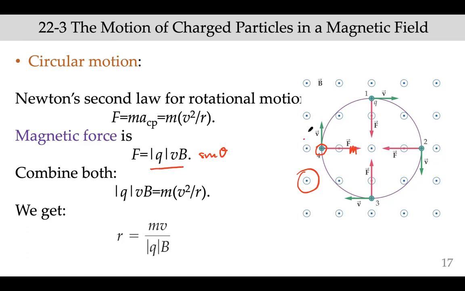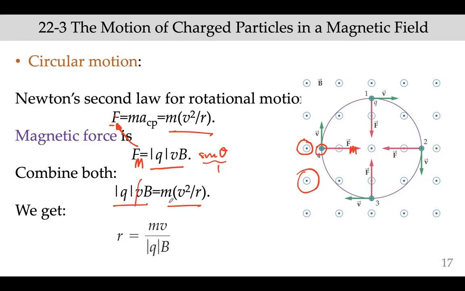Because the magnetic field is out of the page, coming from the screen towards us, and the velocity is in the up direction, so they have 90 degrees between them, and sine 90 is just 1, so that's why I haven't written it. So this is the magnetic force. Now I have to plug in the magnetic force, so this becomes QVB equals mv squared over r.